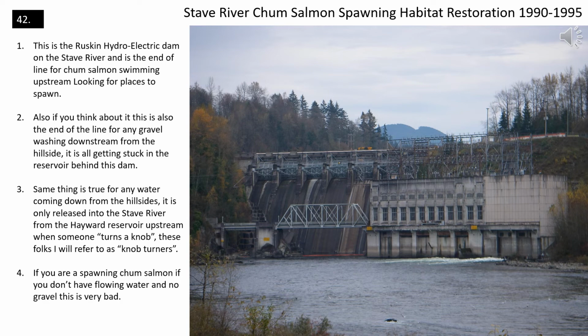So the other thing to consider is the water. If you look off to the right, you see some white water. That's water that's gone through the hydroelectric turbines. And generally, the managers of the dam, we'll call them knob turners that turn the various dials and switches that manage the dam, they want to put the water through the turbines. It will come over the dam only in the biggest floods. So most of the time it goes to the turbines.